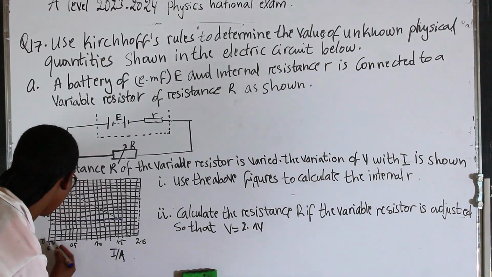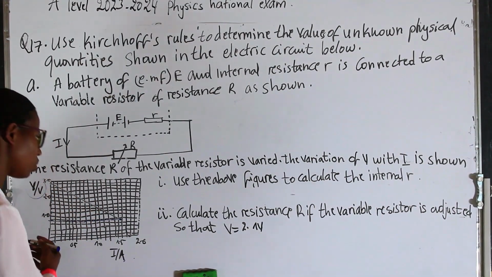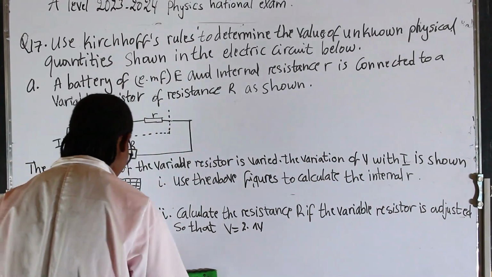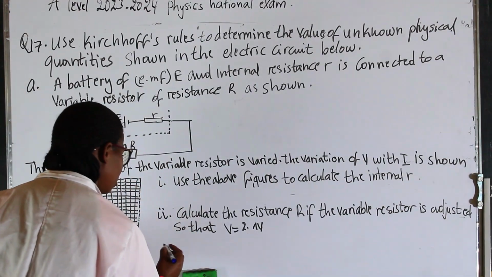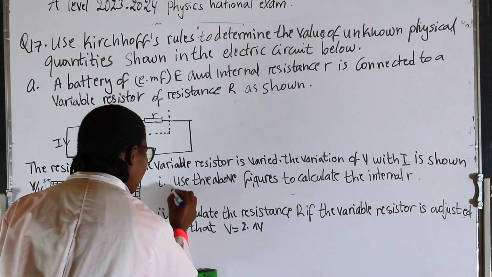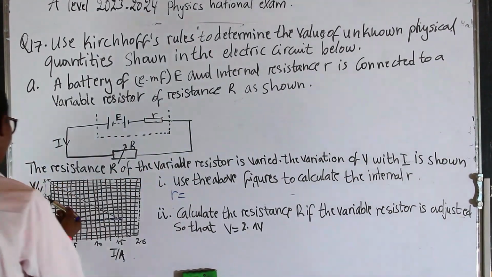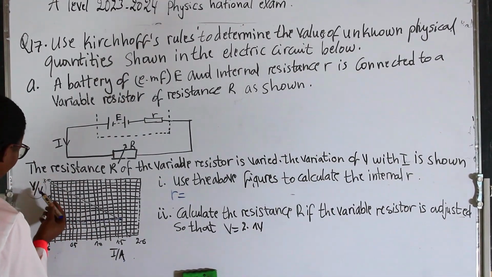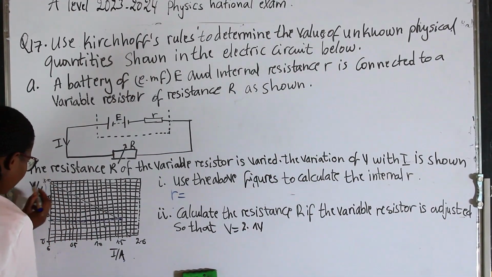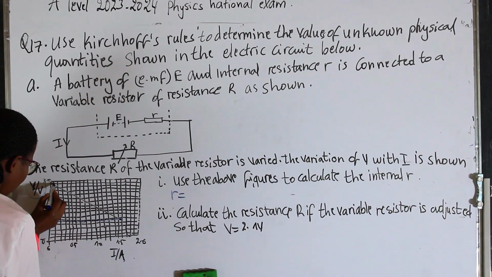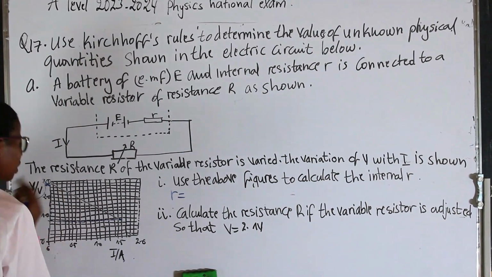1.5, and the minimum internal resistance is 0. Then we should have R equal to, for potential, here we have 3, then 2.9, 2. It is somewhere around 2.9, somewhere here, 2.8 on the graph.